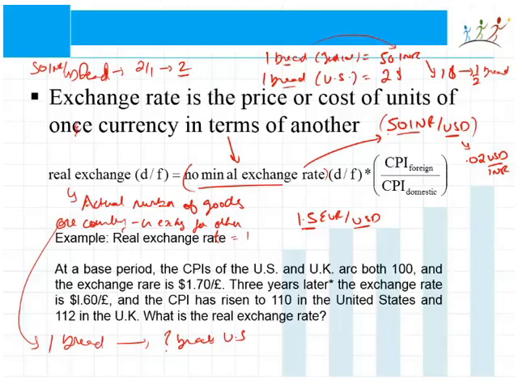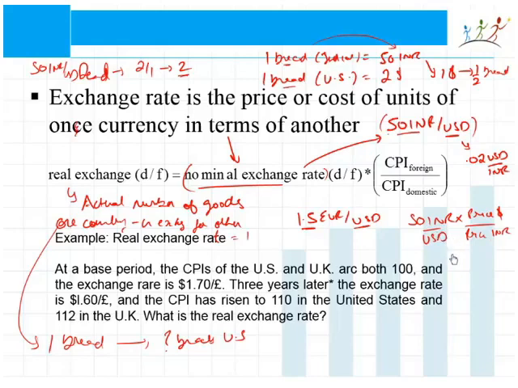As a shortcut method to convert the nominal exchange rate to the real exchange rate, please remember you simply have to make this quantity unitless. So if it is 50 INR per USD, then you have to multiply with the price in USD, or the price of the commodity in dollars, and divide by the price in INR.